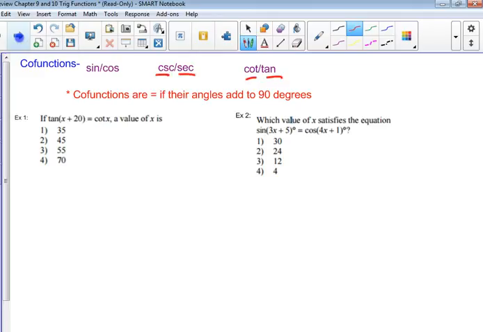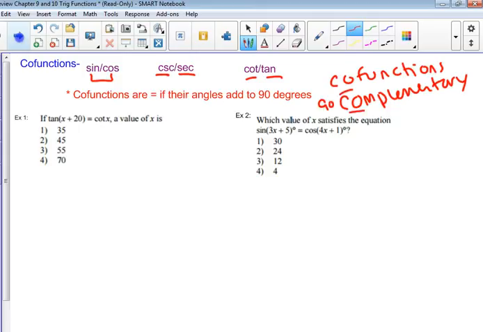The idea behind co-functions is that if these two trig functions are equal, that means the angles must add to 90 degrees. Think of co-functions as complementary. Complementary means they add to 90 degrees.